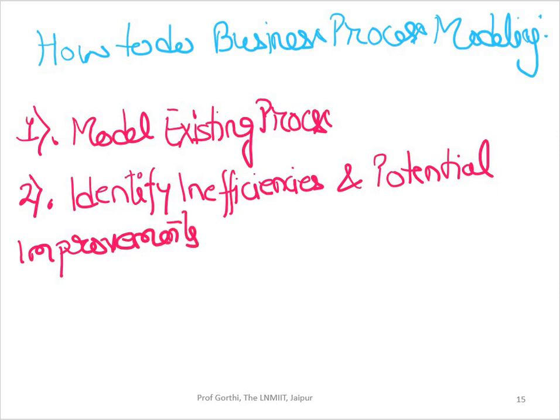That means I need to identify how well the process is performing. Is it actually efficient or not? And am I able to meet my operational goals with these processes or not? Are there any steps in the processes that are wasteful? So I need to find the answers. That's why I go ahead with business process modeling.